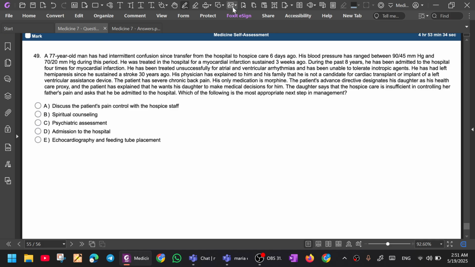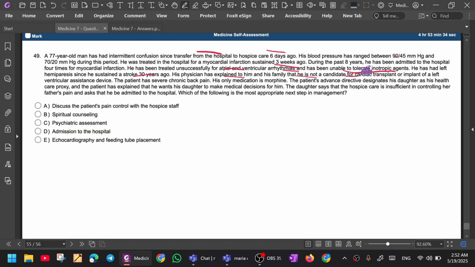He was treated in the hospital for MI sustained 3 weeks ago. During the past 8 years, he has been admitted to the hospital 4 times for MI. He has been treated unsuccessfully for atrial and ventricular arrhythmia and has been unable to tolerate inotropic meds. He has had left hemiparesis since he sustained a stroke about 30 years ago.